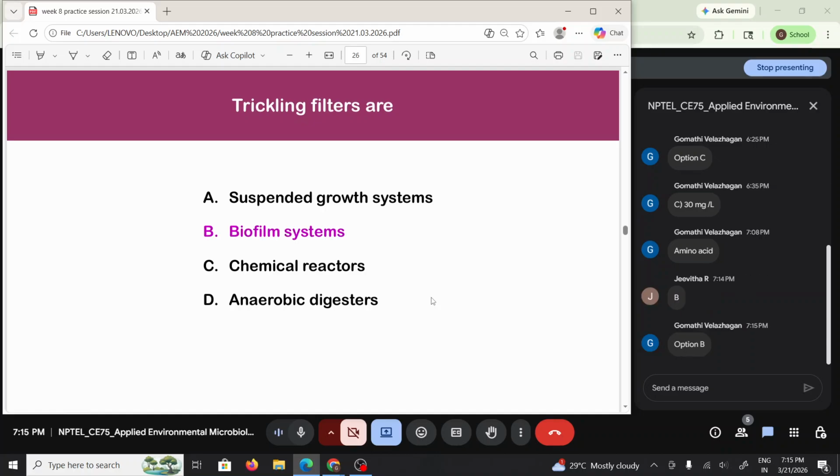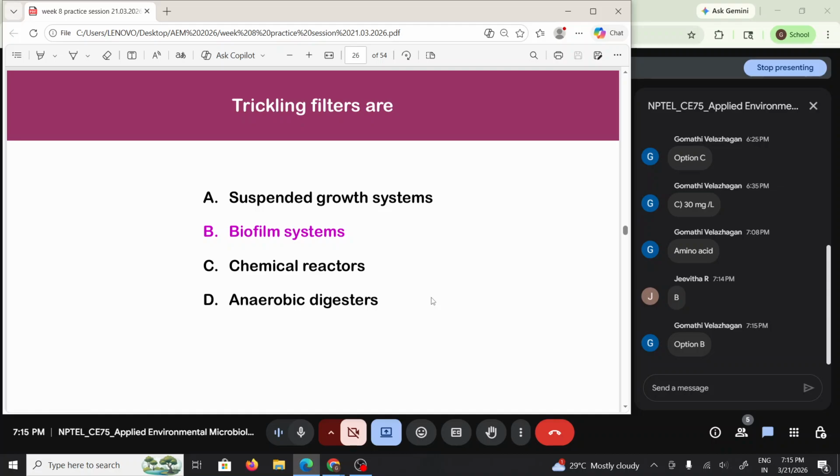Exactly. So, trickling filter is a biofilm system. Trickling filters belong to a category we call a biological system which supports attached growth processes.